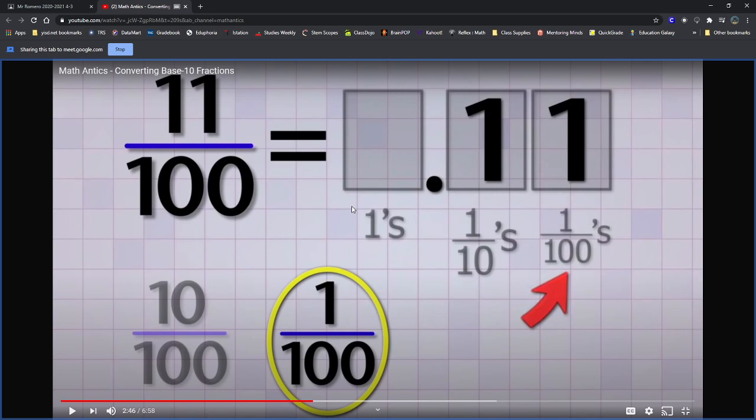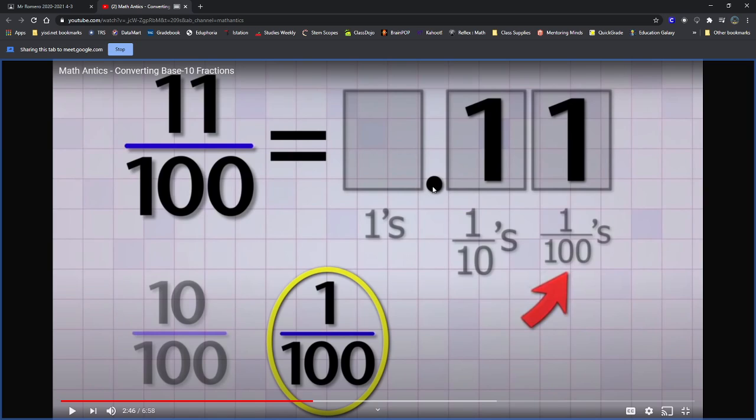Honestly, the way he's doing it and the way he's explaining it here, absolutely fine. But the way I think that it's a little bit easier to remember is whatever your numerator is, whatever that number on top is, it goes behind your decimal. So the number on top is 11.